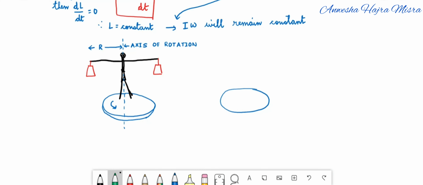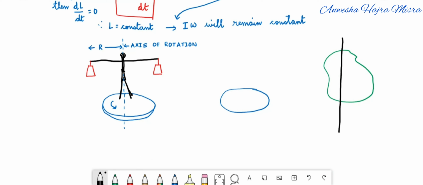Now, what was my moment of inertia? Say if this is my body and this is my axis, this is M1 at a distance R1, M2 at a distance R2, M3 at a distance R3, M4 at a distance R4.